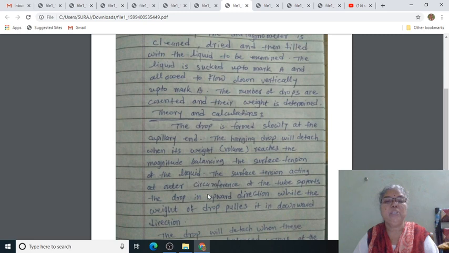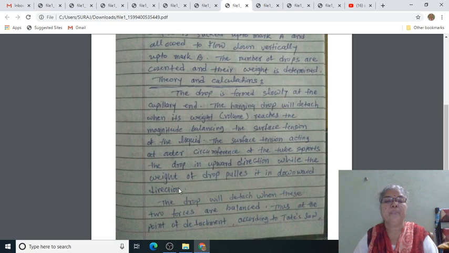The surface tension acting at the outer circumference of the tube supports the drop in upward direction, while the weight of the drop pulls it in downward direction. Here the drop will detach when these two forces are balanced.